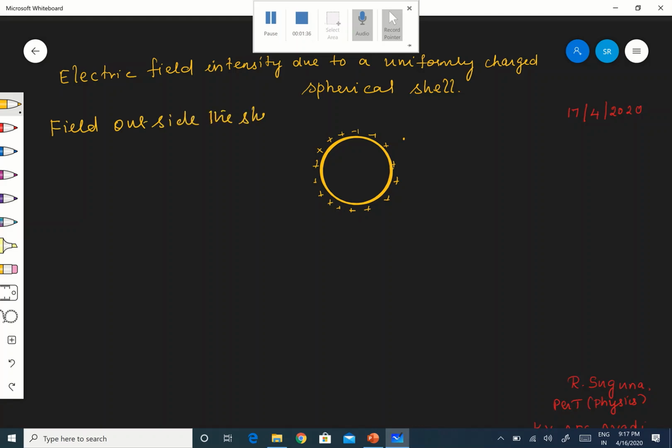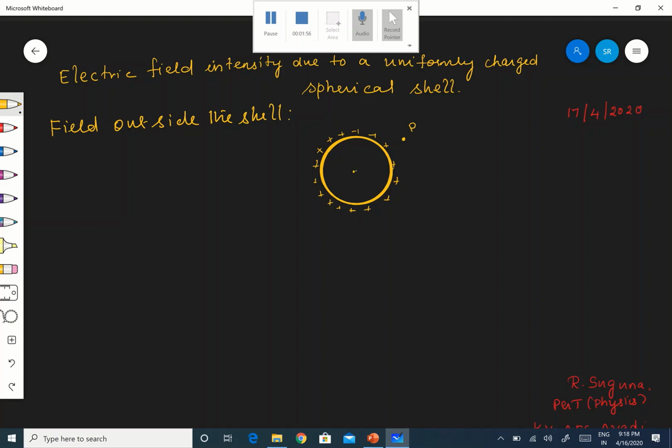Outside the shell, so the discharged shell. Let us see my point. My point is here. This is the point P. I have to find out the electric intensity at P due to this spherical shell.